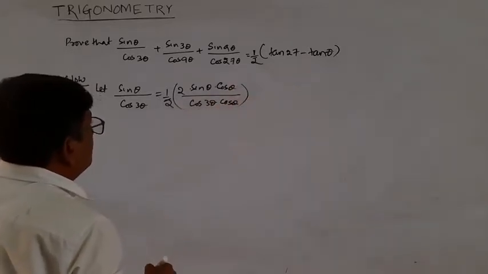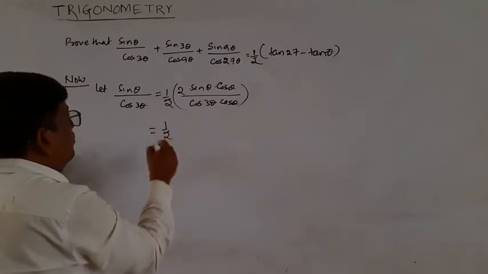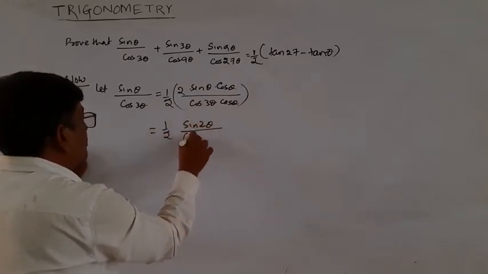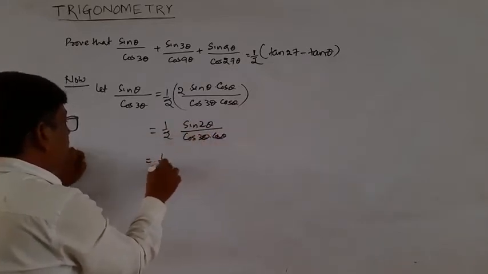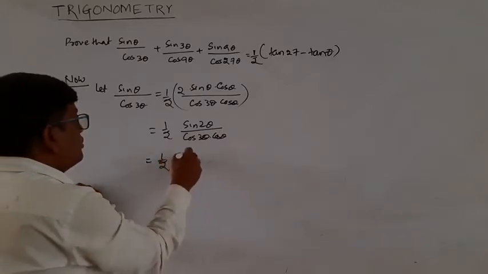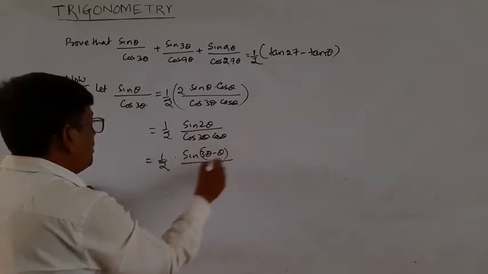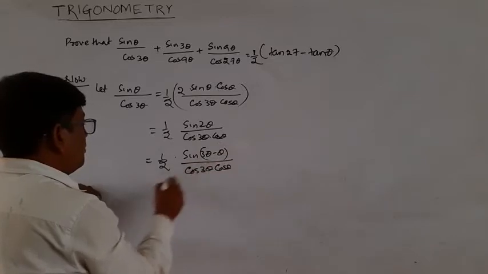So this is equal to 1 by 2 sin 2 theta by cos 3 theta into cos theta. So 1 by 2, here that is sin 3 theta minus theta divided by cos 3 theta into cos theta.